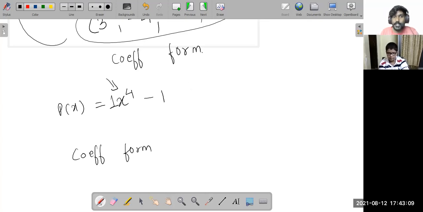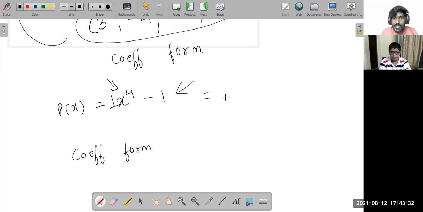Now, can you write this in the index form? What will be the index form of this? Highest power is 4. Which powers are missing? 3, 2, and 1.